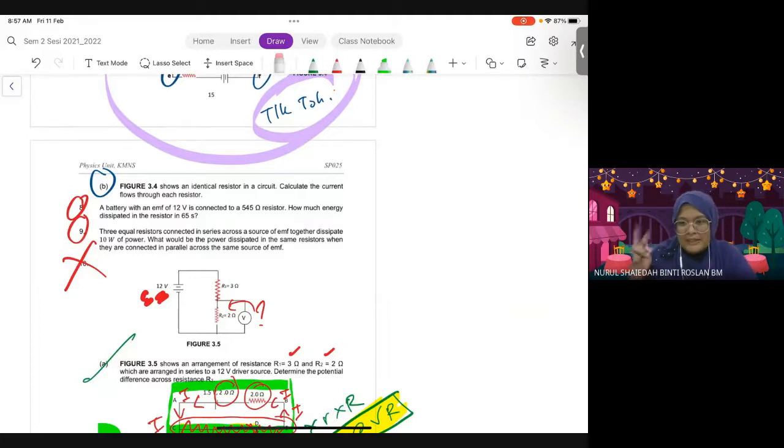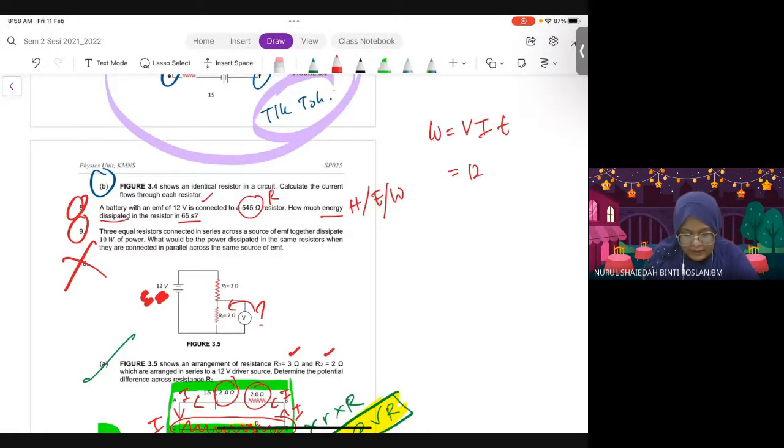Okay, so 2 lagi. Cepat. Lagi 2. Okay, so a battery dia bagi EMF 12, dia bagi resistance R. How much is energy dissipated? So they ask you about energy dissipated. Energy dissipated simbol dia H. Nak buat E pun tak ada masalah. Nak buat W pun tak ada masalah because this is all in unit joule. Okay, they give you time 65 second. Okay, so kita akan guna formula W sama dengan VIT. So V 12, I tak ada tapi I sama dengan V over R, V equals to IR.